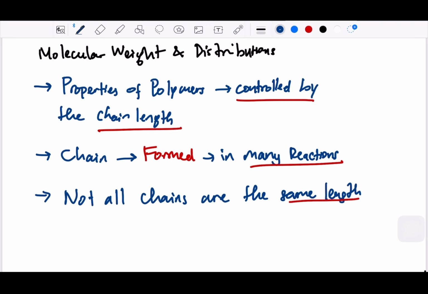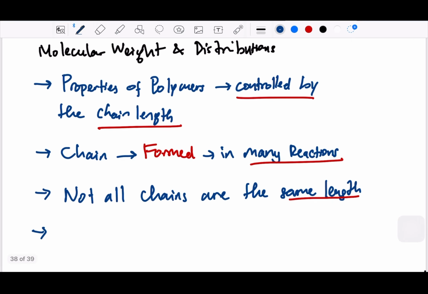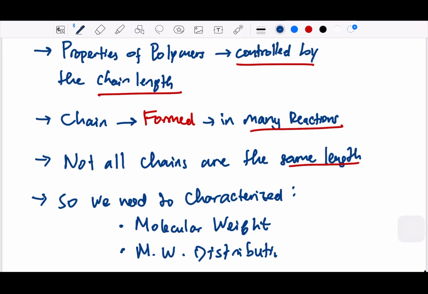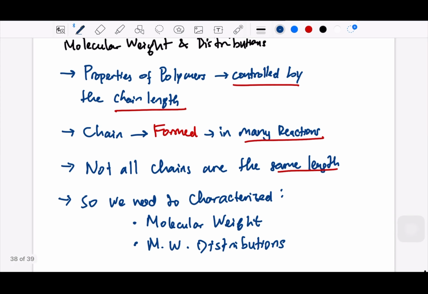So we need to characterize: first, the molecular weight, and second, the molecular weight distribution. Okay, so this is the reason.